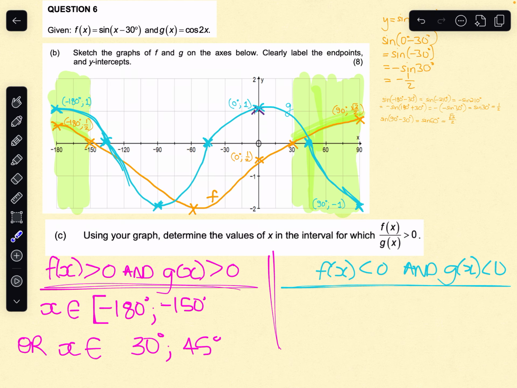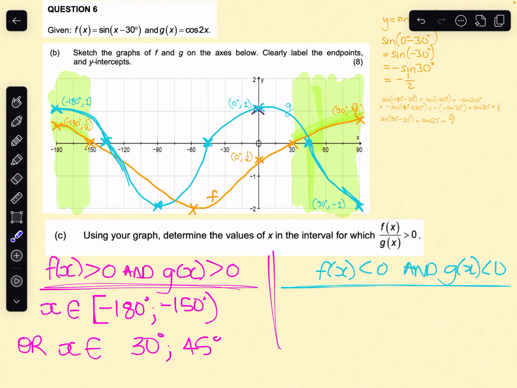However, when x is equal to minus 150, as much as g is a positive value, the value for f is 0. So I'm going to end up with 0 divided by whatever this number is, which gives me 0. And we are looking for quotients that are bigger than 0, not equal to 0. So minus 150, sorry, you do not make the chop. We exclude minus 150.